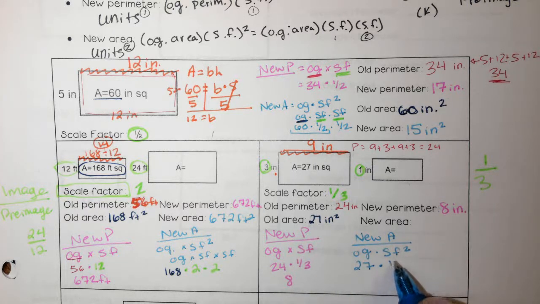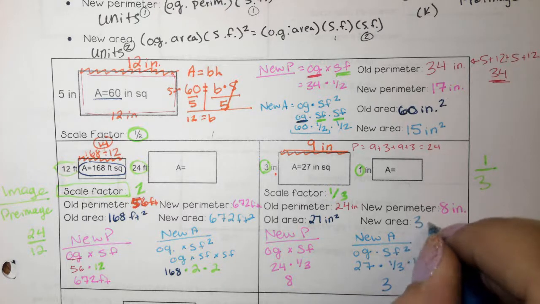That would just be times the scale factor again. 27 times a third, or 27 divided by 3 again. 27 divided by 3 is 9, and 9 divided by 3 is 3. So the new area here is 3 inches squared.